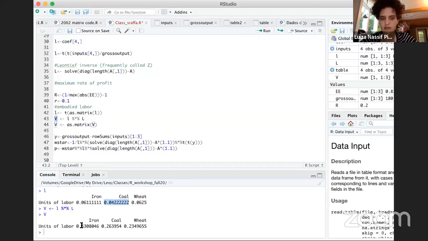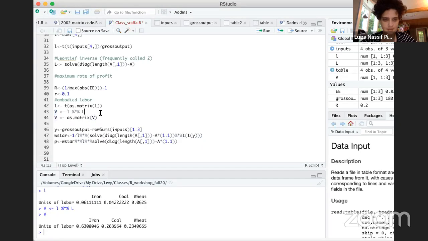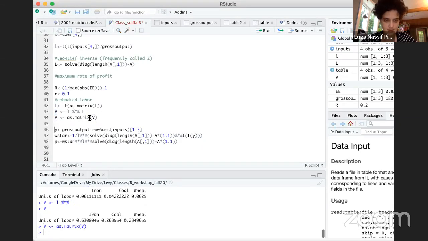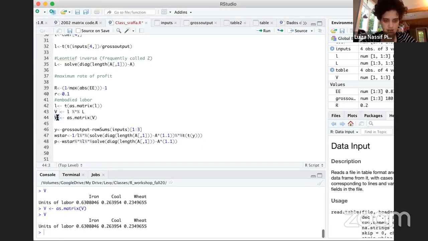So this is accounting for both of those. So this is telling you that 0.63 of iron is just labor embodied there. Everyone understands that? Okay, I'm going to take the silence as a yes. So this is our labor embodied vector.